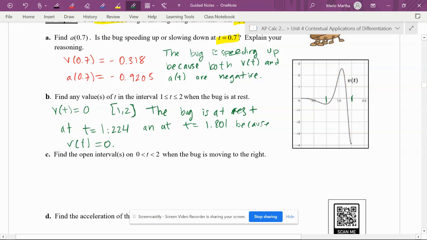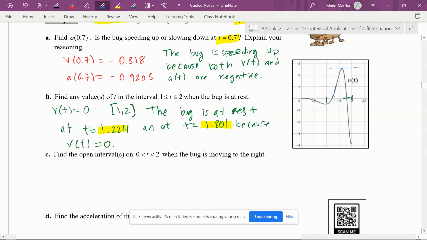And it's negative when it crosses the second rest point after that, right? Which is pretty much the two values that we found up here. All right, so what we want to do is determine whether it's positive or negative. So if you look at the graph here, it's positive at a certain point until it reaches there, and then it changes direction, right? It starts to slow down before it changes direction.